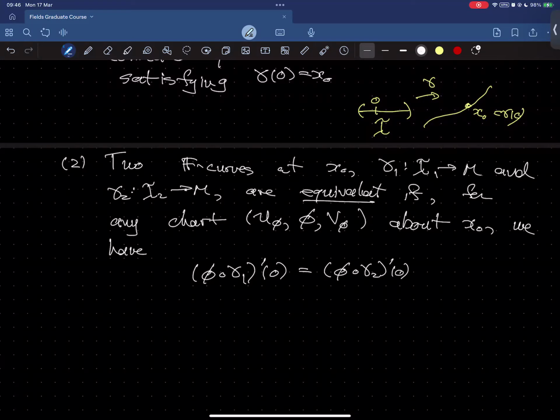So there's a nice picture that goes along with this, and I'll draw that picture. A tangent vector at x naught is an equivalence class of curves under this notion of equivalence.